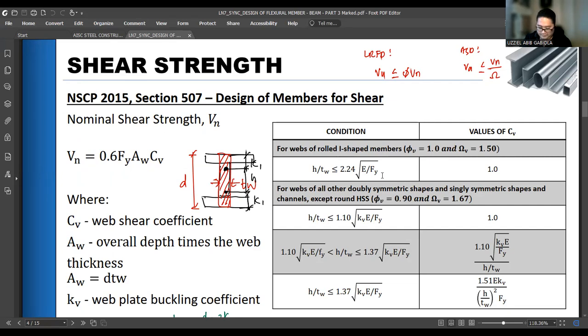Okay, so wait lang, double check ko lang yung solution. Okay, so kunin natin yung 2.24 square root of E over Fy.